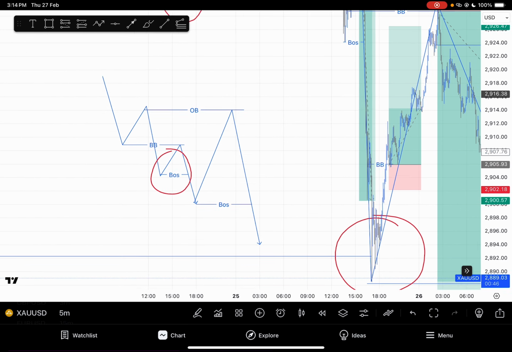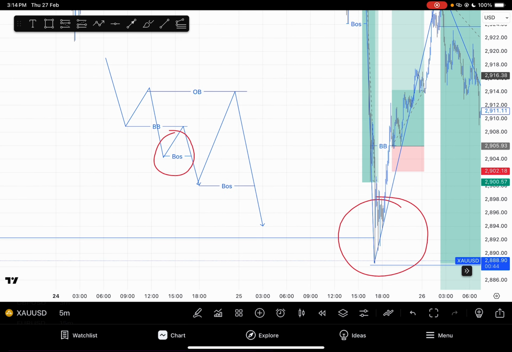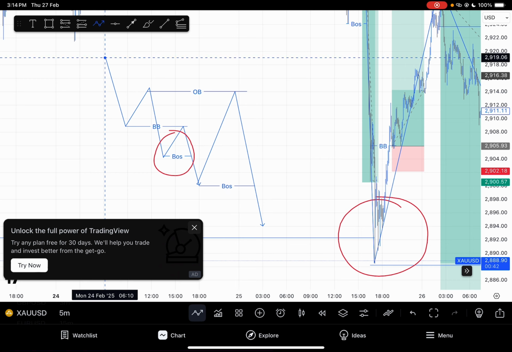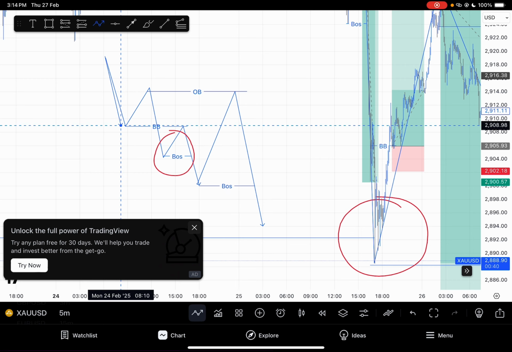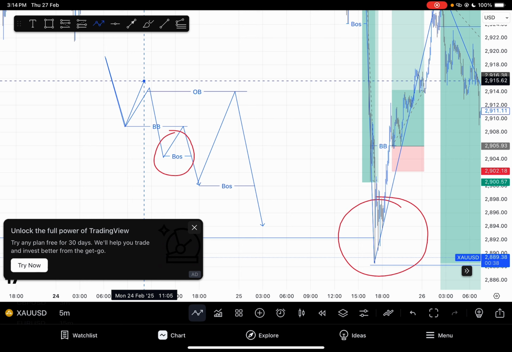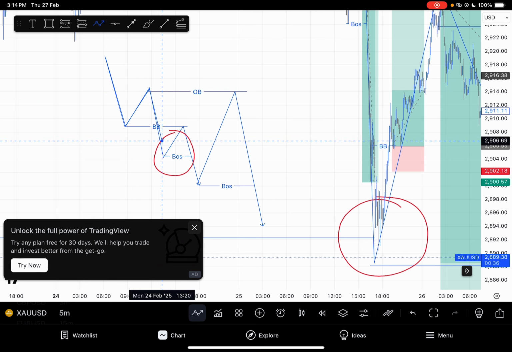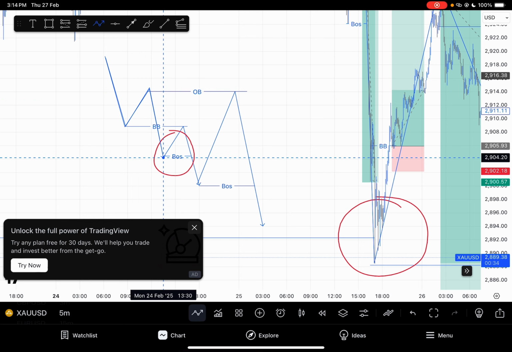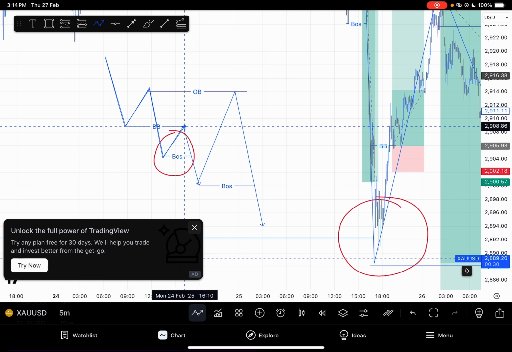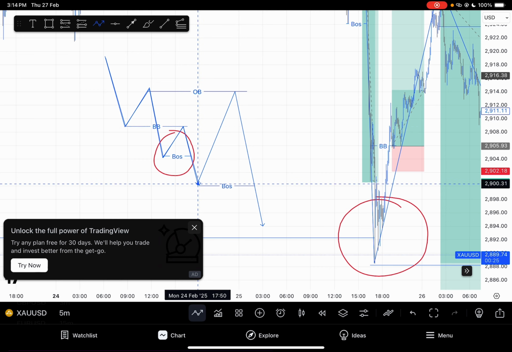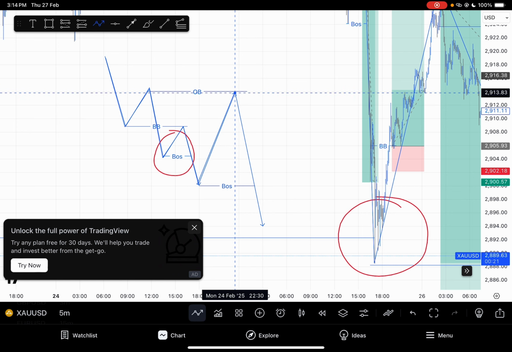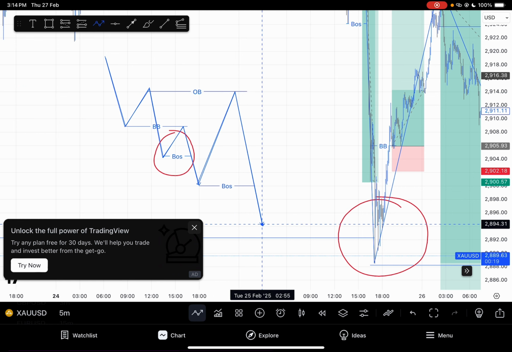From this pattern, you see price will first of all create a break of structure, retest on the breaker block, another break of structure, then you see price coming for the order block before distributing to take out the previous low, creating another break of structure.